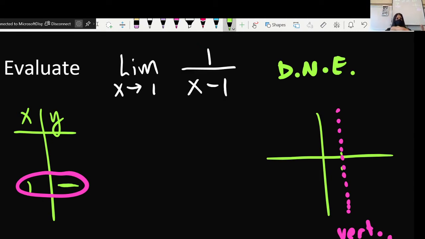The reason I set up my table of values this way is just like in the last example, I want to look for values to the left of the vertical asymptote and to the right of the vertical asymptote. I want to pick values as close as possible to the asymptote, because there's usually a lot of activity that happens there.